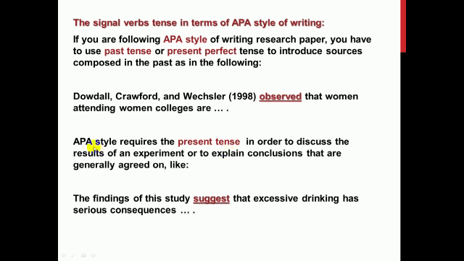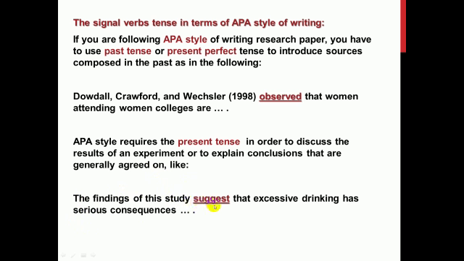What about the present tense? APA style requires the present tense in order to discuss results of an experiment or to explain conclusions that are generally agreed on, like "the findings of this study suggest" here in the present tense.